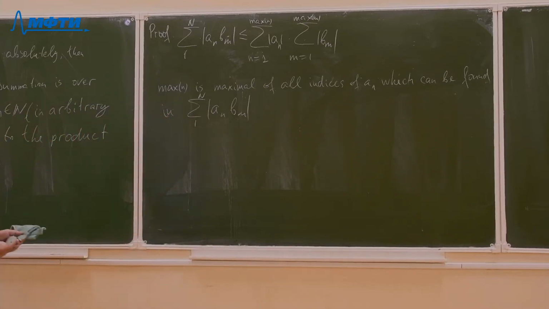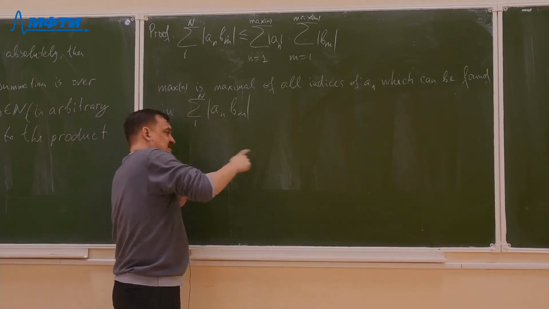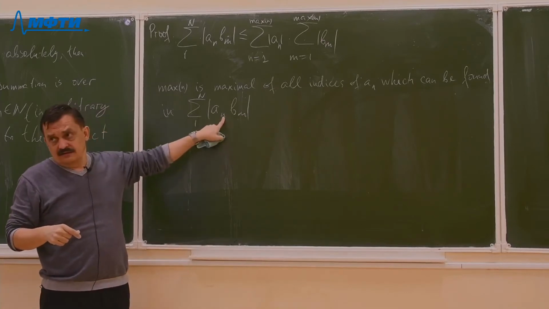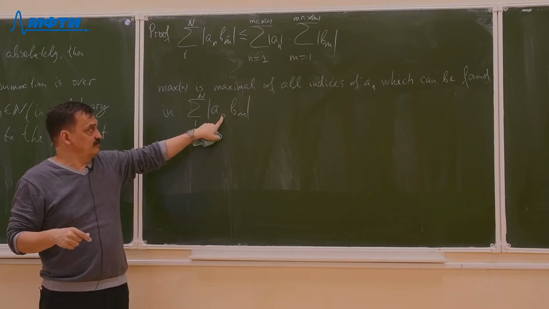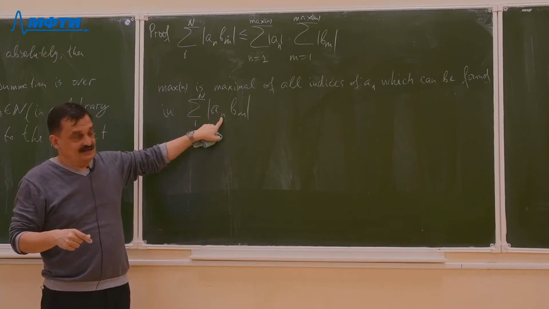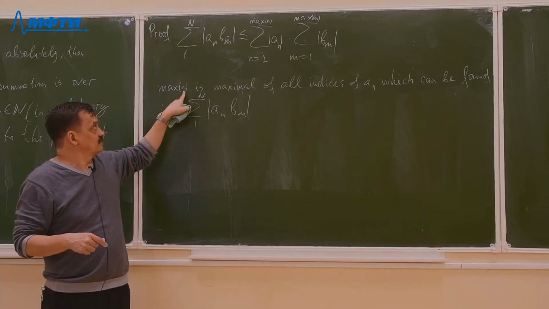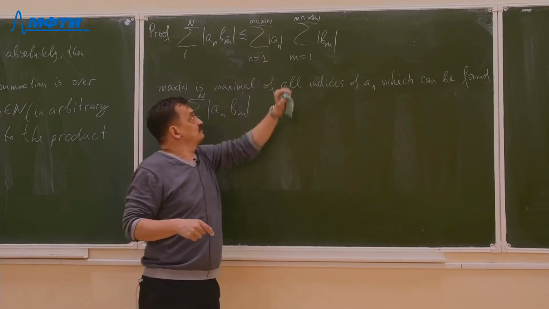And what we do, we look at this partial sum. It contains finitely many terms, and we look at the maximal of all indices of a_n. So the maximal of all such indices appears here.